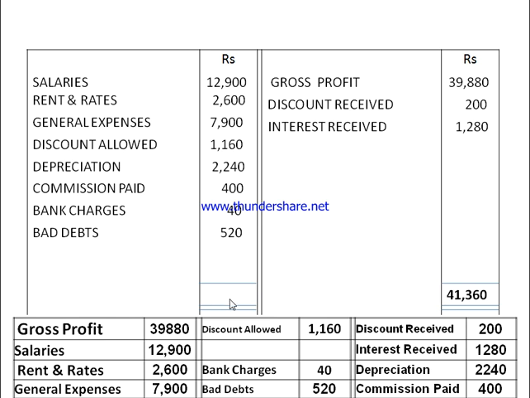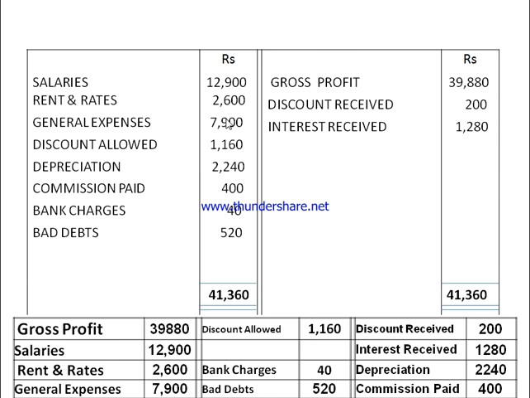If unfortunately the expense side total is greater than the revenue side, then we will write down that greater total over here and also over here. But in this question, the total of the revenue side is greater, therefore 41,360 is written down over here and also over here.